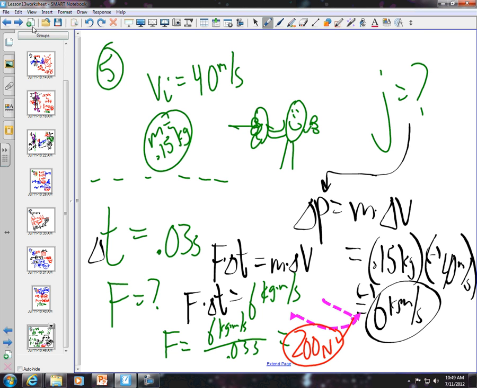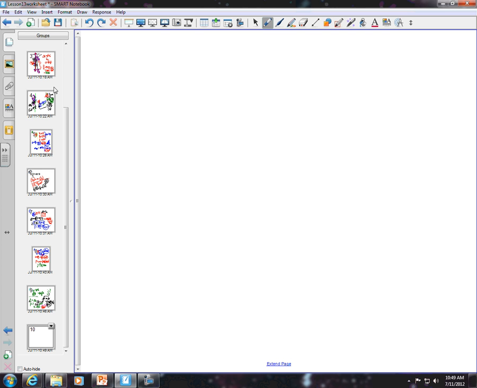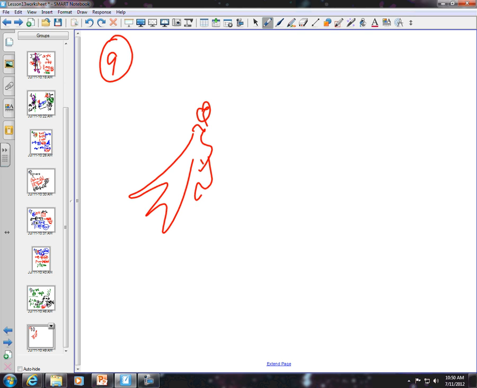Then the final example I wanted to put together for you guys is number 9 on page 102. Comic strip hero Superman meets an asteroid in outer space. Here's Superman. Okay, here's the asteroid. Let's see if I can draw the asteroid.